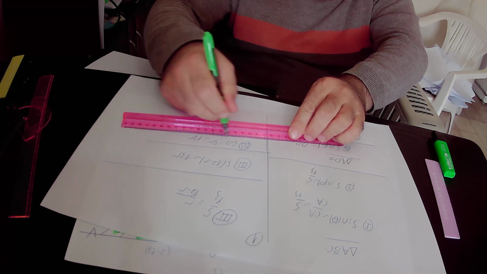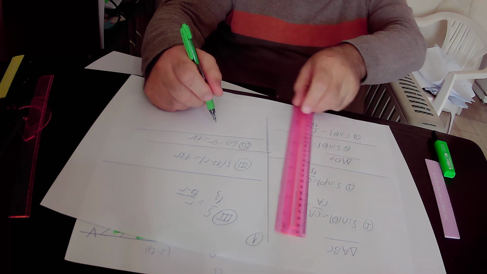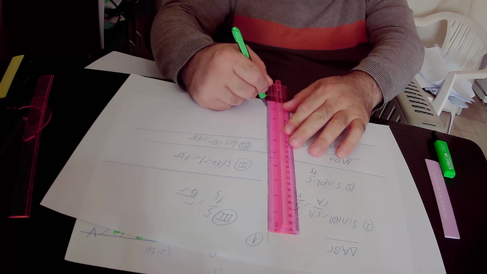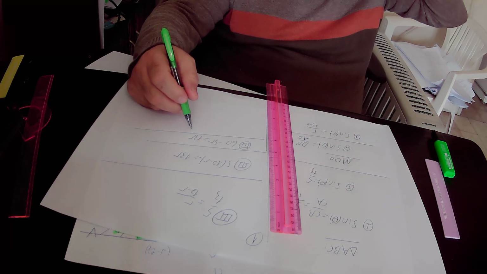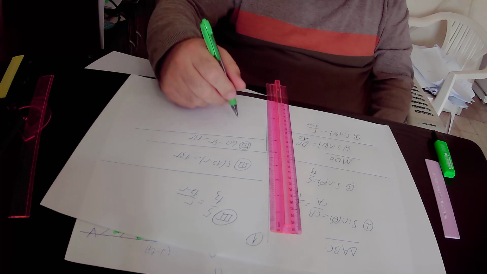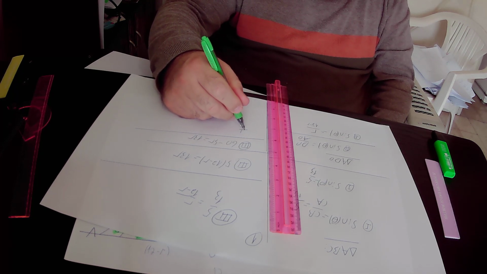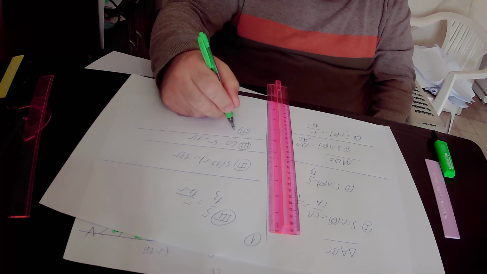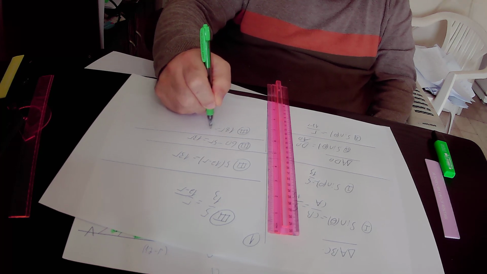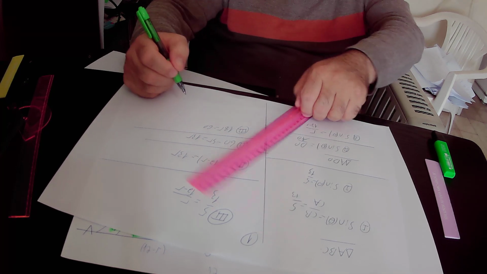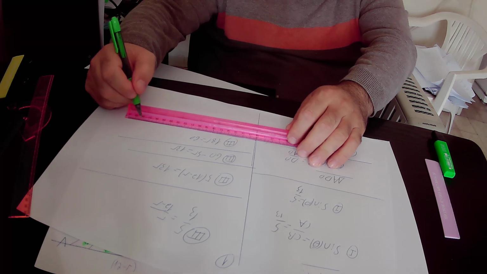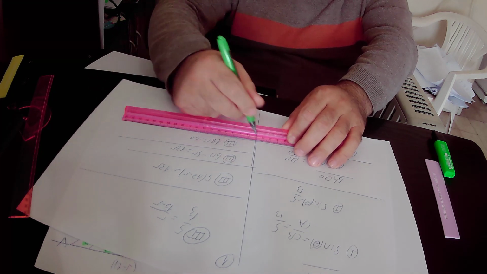And we will add 5R to this equation, and we will get that 13R plus 5R is 18R. 18R equals 60.